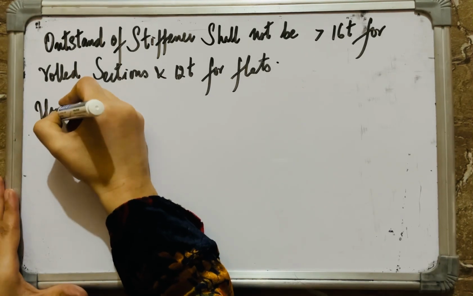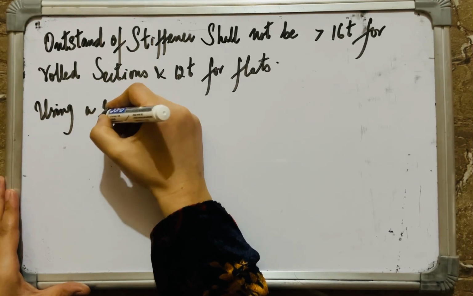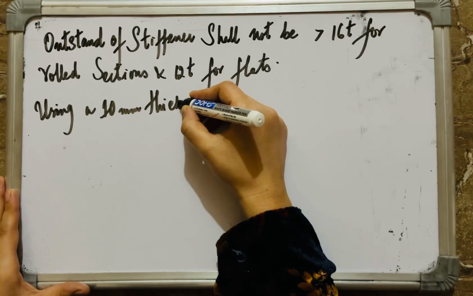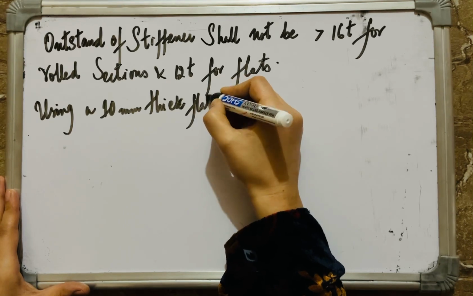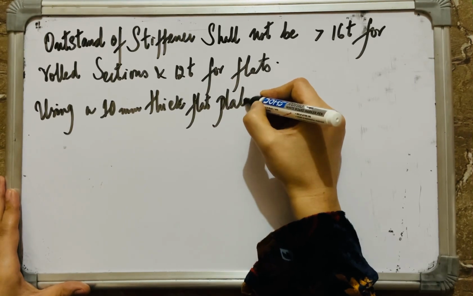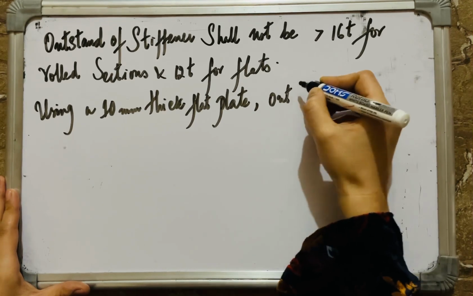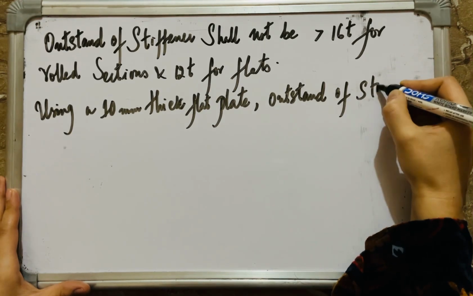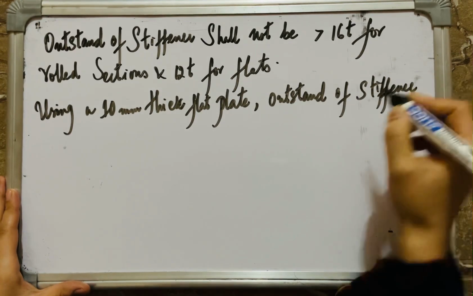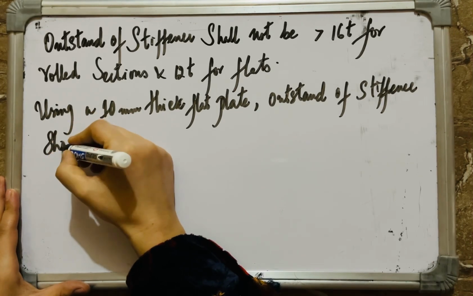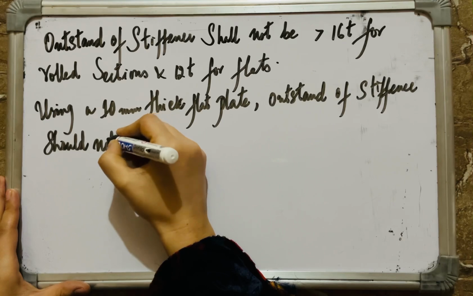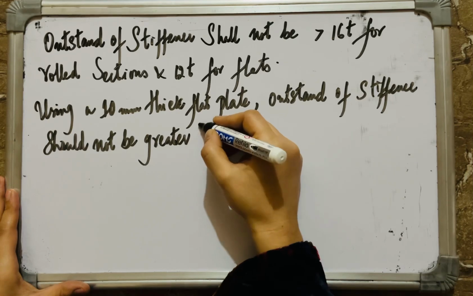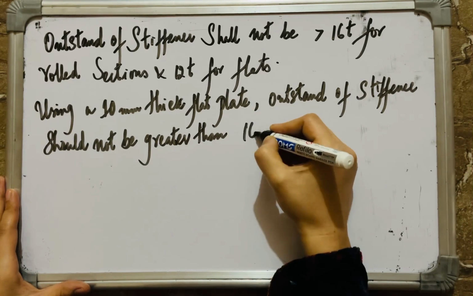Let us assume that we are using a 10 mm thick flat plate. All right, so outstand of stiffener should not be greater than how much? 16t.